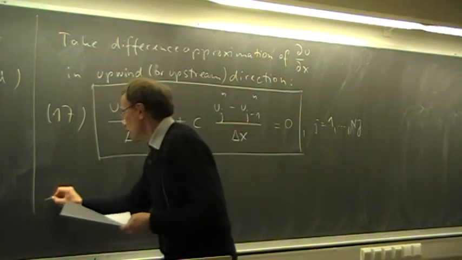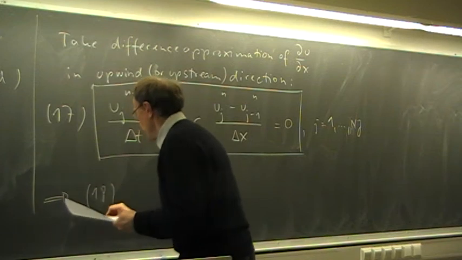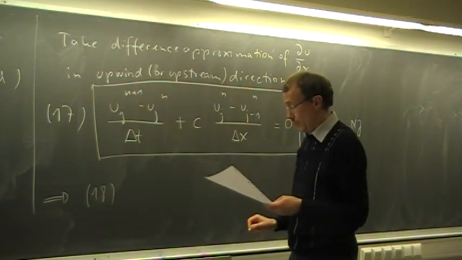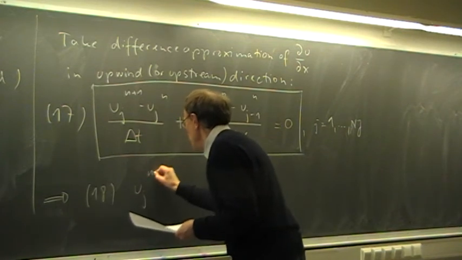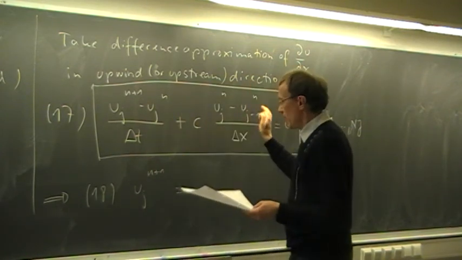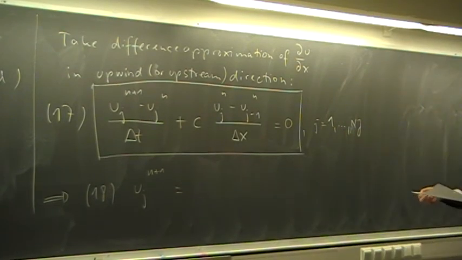That can also be written in another form that will be useful for the programming and also for the stability analysis. The u_j^{n+1}: we multiply again by Δt and bring everything on the old time level to the right hand side.